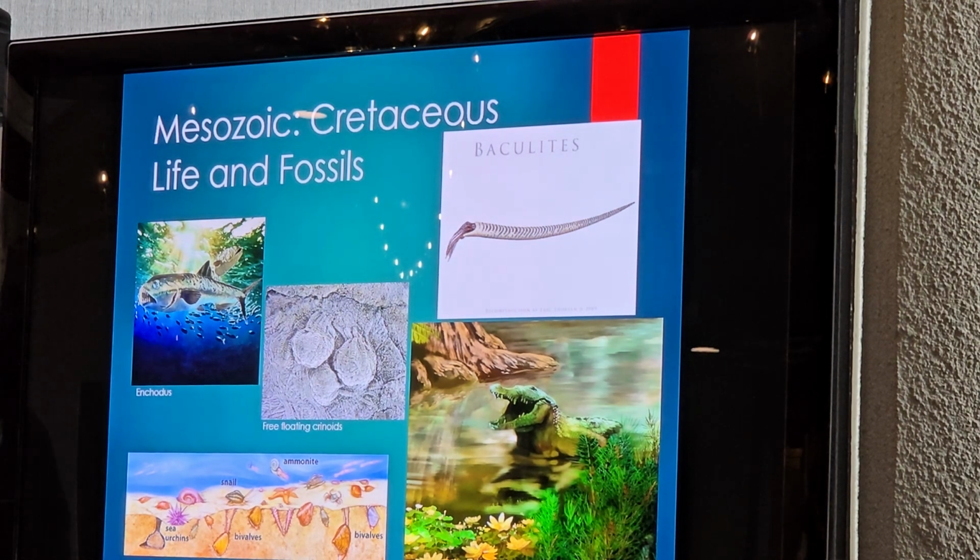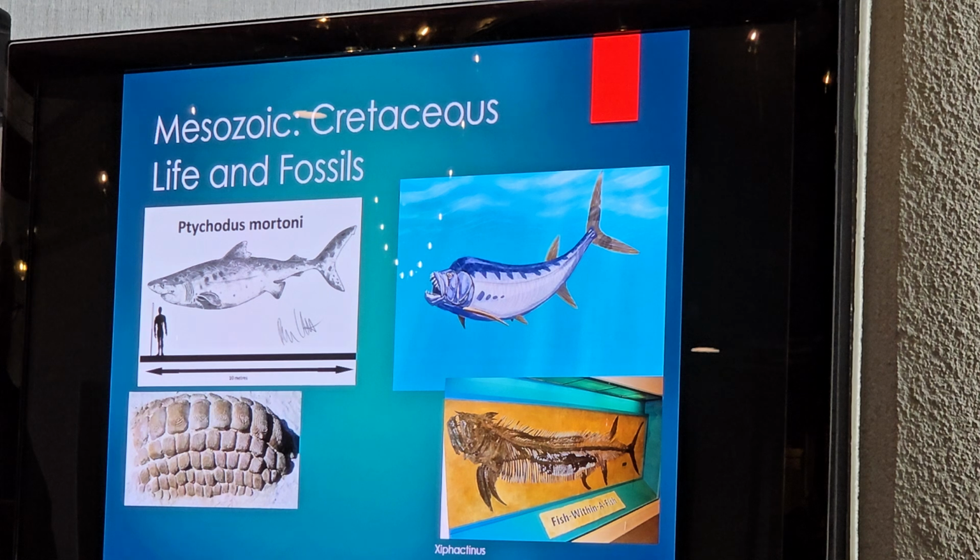You had free-floating crinoids. Of course, on the shores you had giant gators like Sarcosuchus. There's another picture of it, and then, as basically through everything, you get the bivalves, the sea urchins, the gastropods, and such, all the shell creatures.